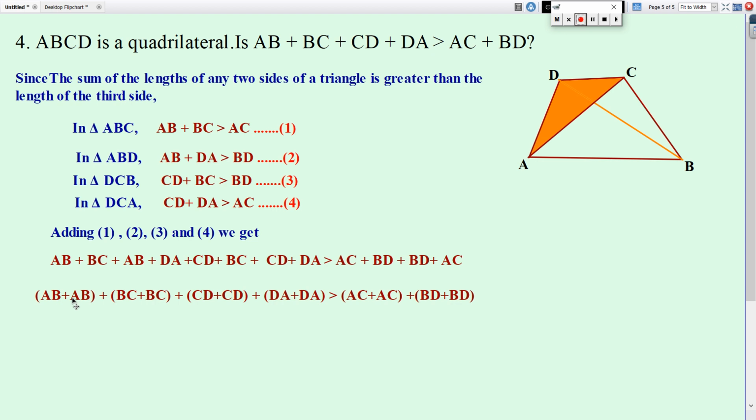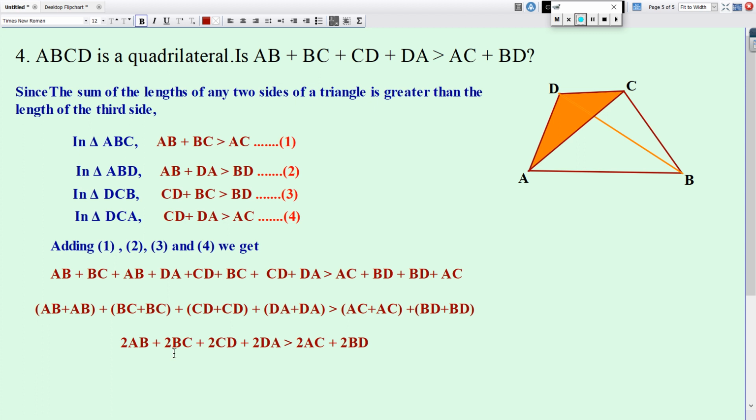AB plus AB you can write as 2AB. Similarly, here it is 2BC, 2CD, 2DA greater than 2AC plus 2BD. Here in 2AB plus 2BC plus 2CD plus 2DA you can take 2 common. Here also in 2AC plus 2BD you can take 2 common.